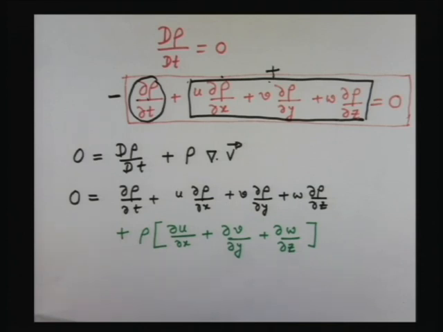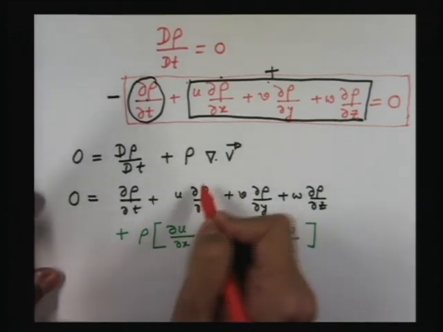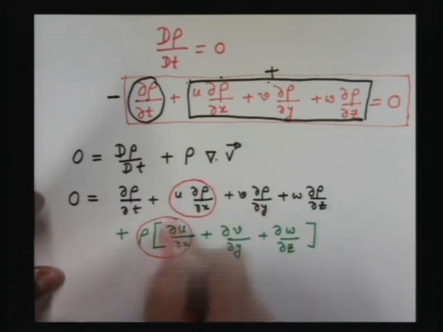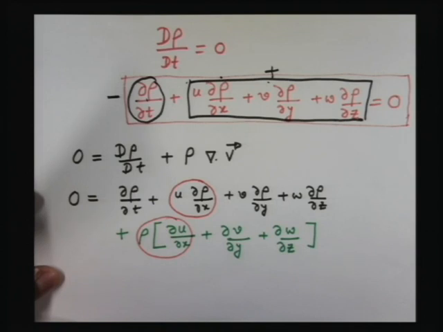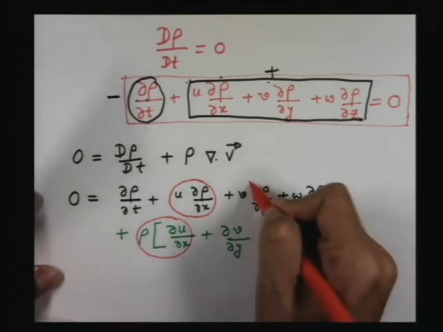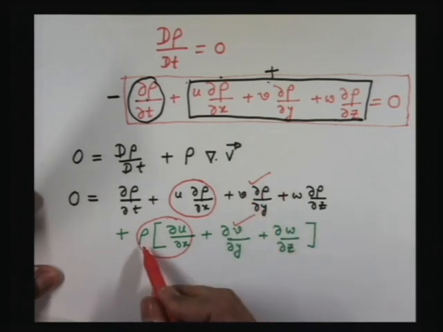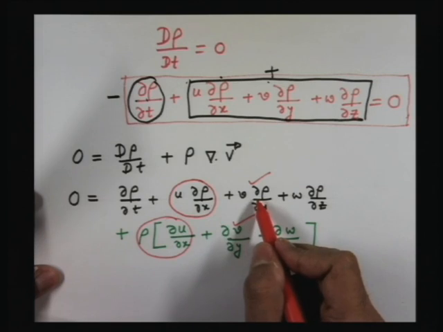So we can combine terms, we can combine u del rho del x with rho del u del x, so that becomes del x of rho u. We can similarly combine these two terms, rho del v del y and v del rho del y, so that it becomes del y of rho v.